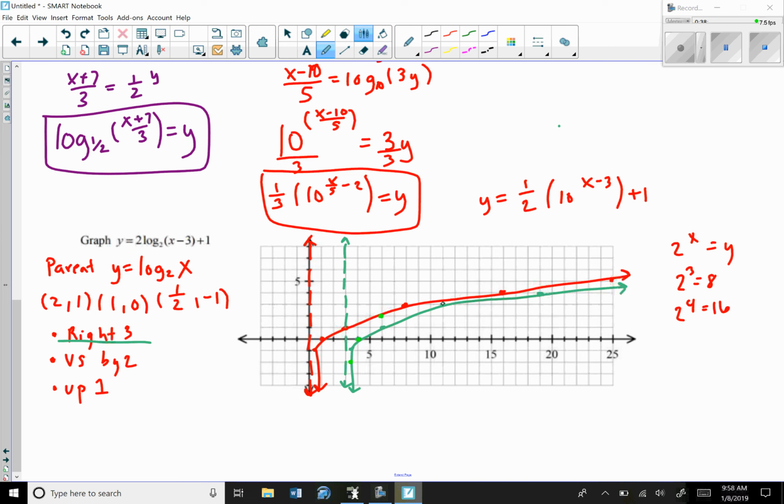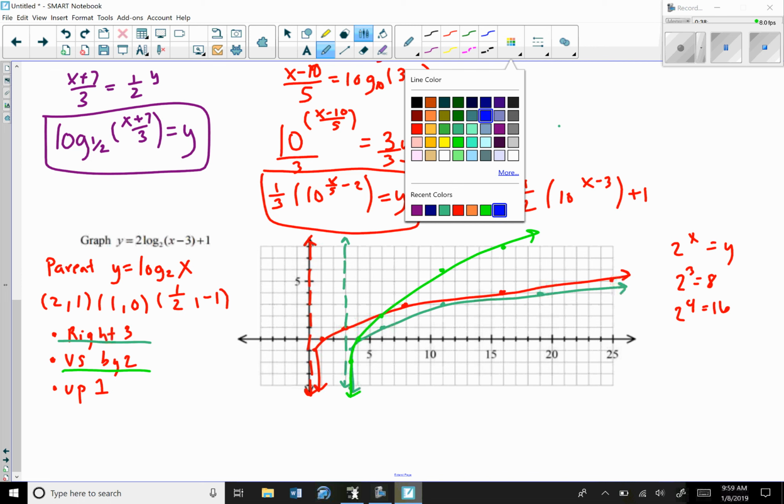And 3 times 2 gives me 6. And this is 4 times 2, which is 8, so 6, 7, 8 would be here. And so this would be my graph with a vertical stretch by 2.